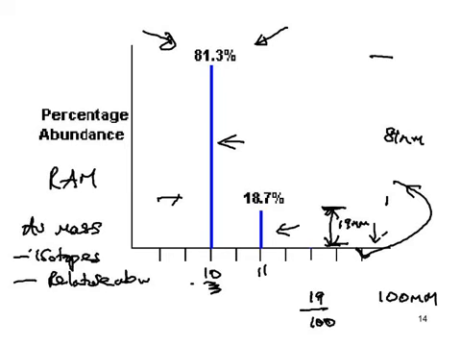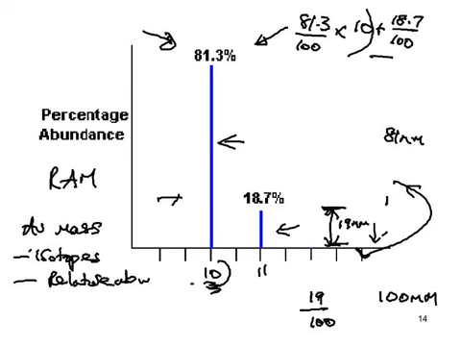Now, in order to do that, and there's a simpler way of presenting this as we'll see in a moment, if I was to take 81.3%, which is 81 over 100, to change from a percent to a fraction, you divide the percent by 100. If I was to take 81.3% of 10, that's what it represents, and I was to add that to 18.7 over 100, see this is two separate things here, of this atomic mass, 11.